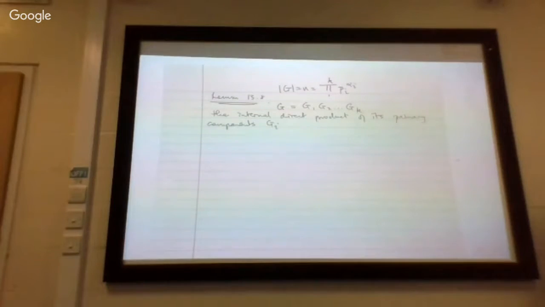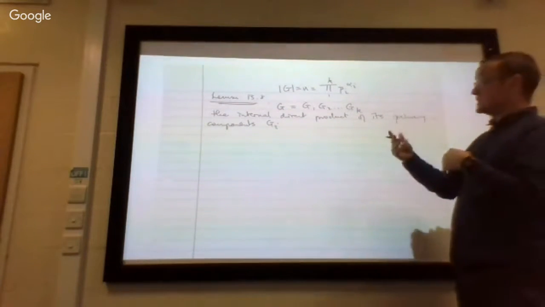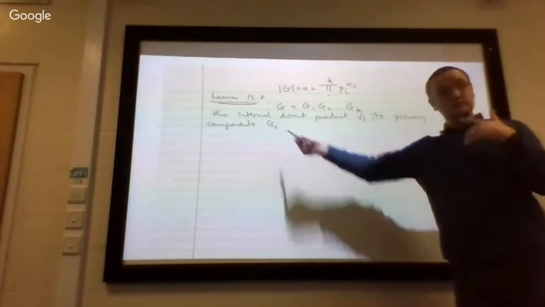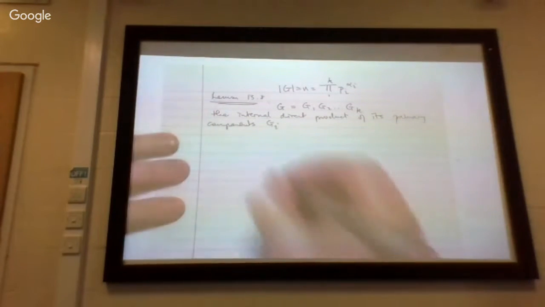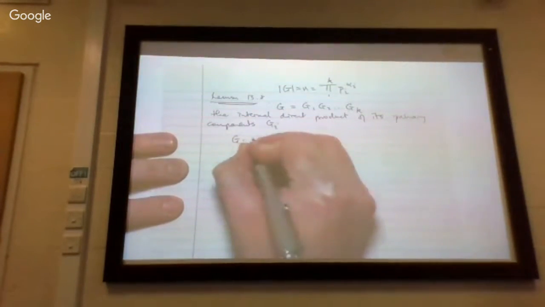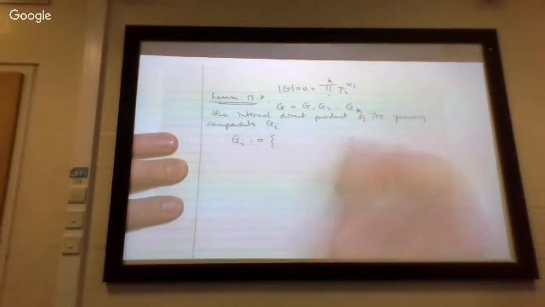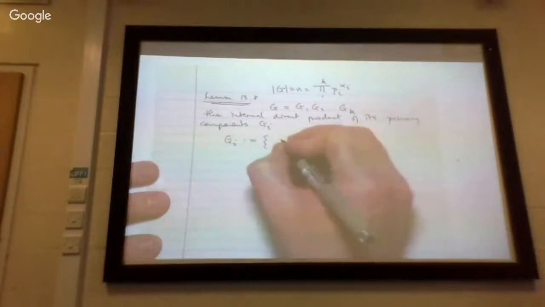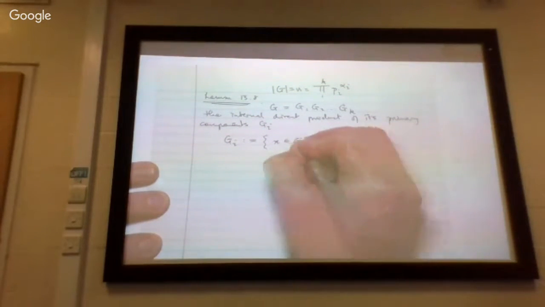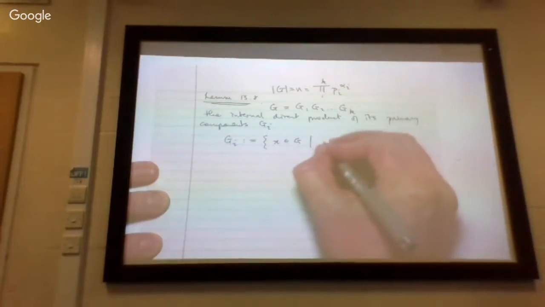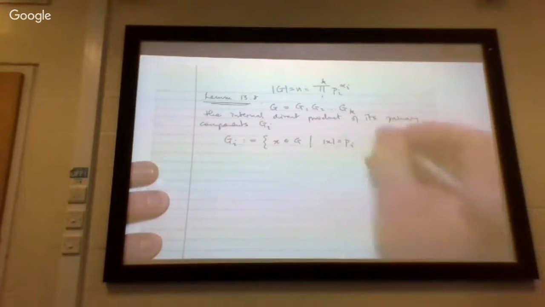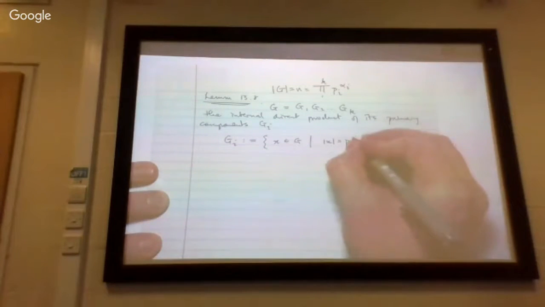It consists of all the elements of G whose order is a power of that particular prime. So G_i is defined to be, now first of all, the first thing will be to prove it actually is a subgroup, but it's defined to be the set of elements x in G such that the order of x is some power of the prime p_i.